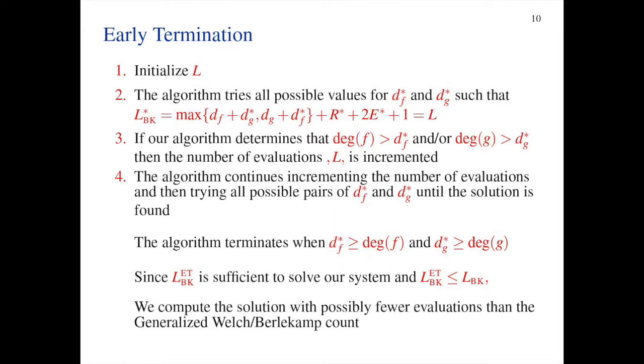But if those degrees originally were very high, maybe it will take too long to get there. Will it be faster just to start from the bound? Have you seen examples in which it's better just to start from the top rather than going incrementally? Yes, with the small examples that we used, yes.